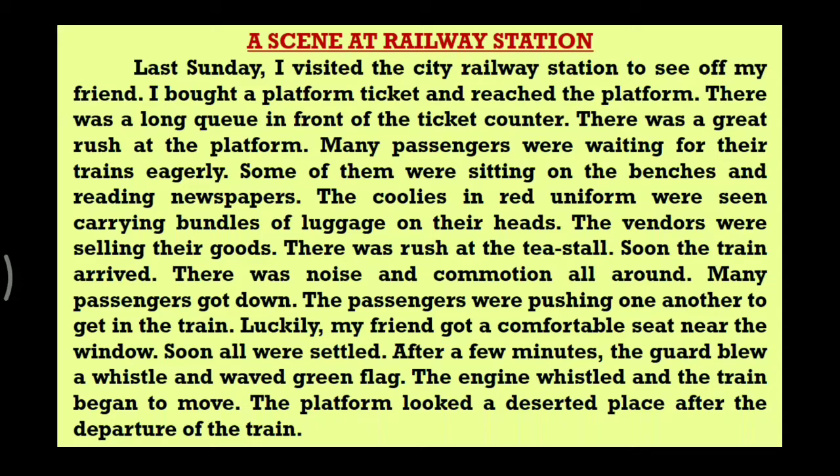The platform looked a deserted place after the departure of the train. So, dear students, this is a paragraph about a scene at a railway station. Firstly, we described the picture, we extracted some keywords, and then we formulated this paragraph.